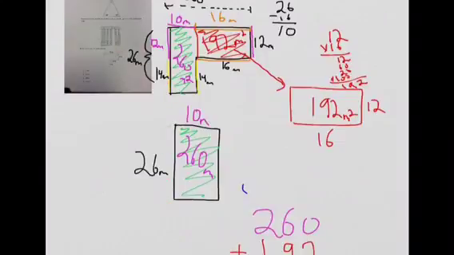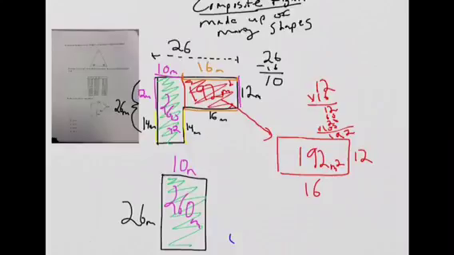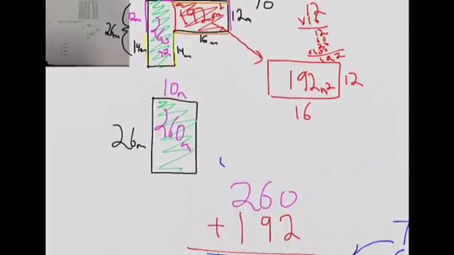So we've got the length, now we just need the width. I know that this part is 16, so this also must be 16. And the entire length, which was given, is 26. So if I subtract the 16 from the 26, it should give me what's left over here, which is this length, which is 10. And then multiply 26 times 10 gives 260.